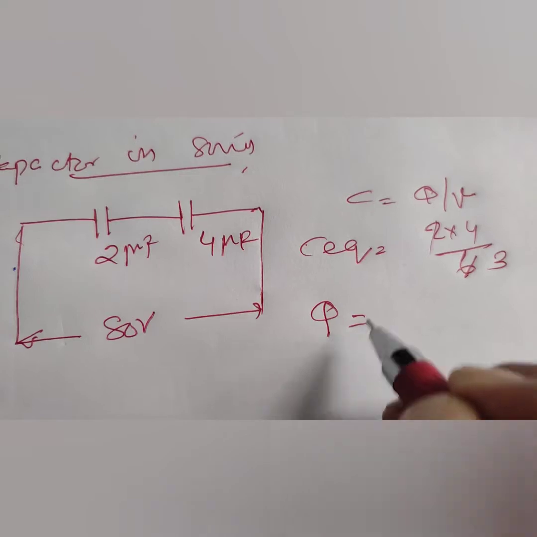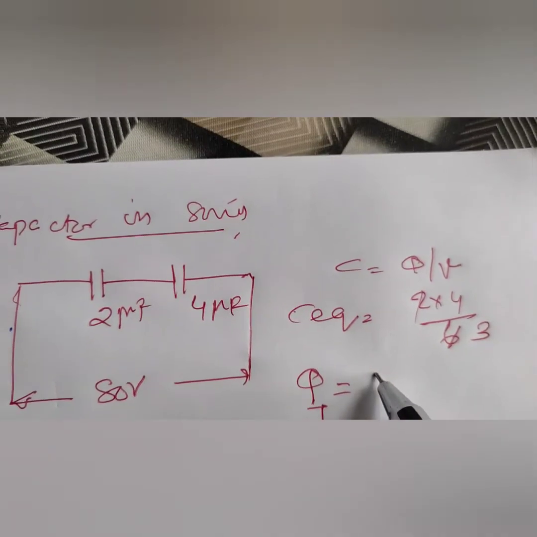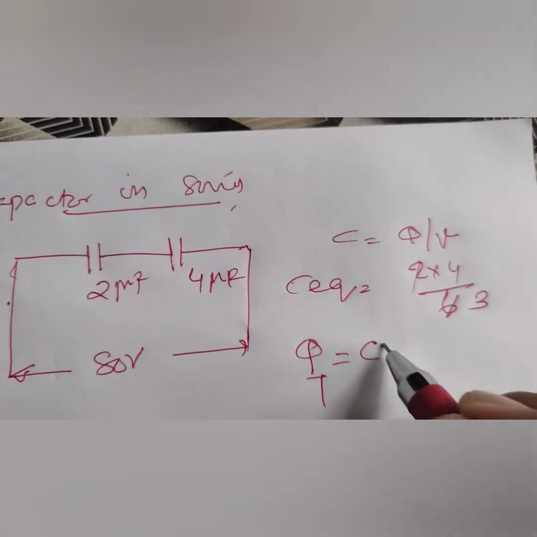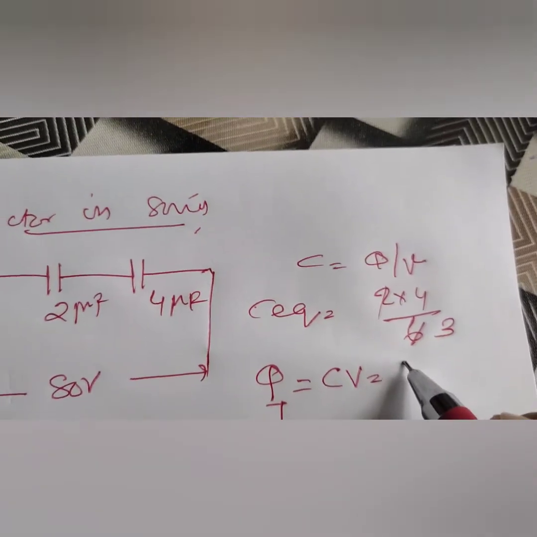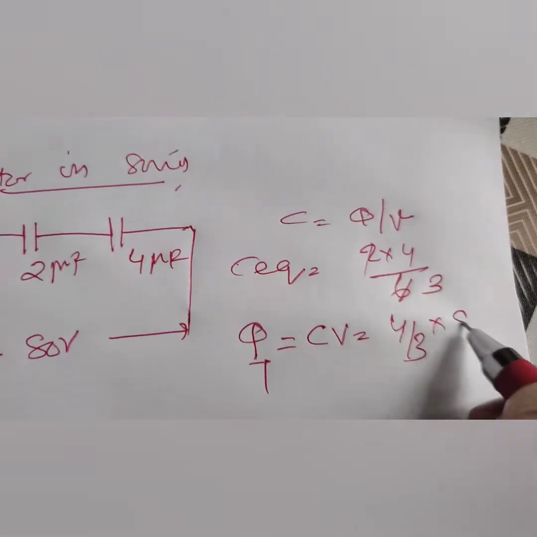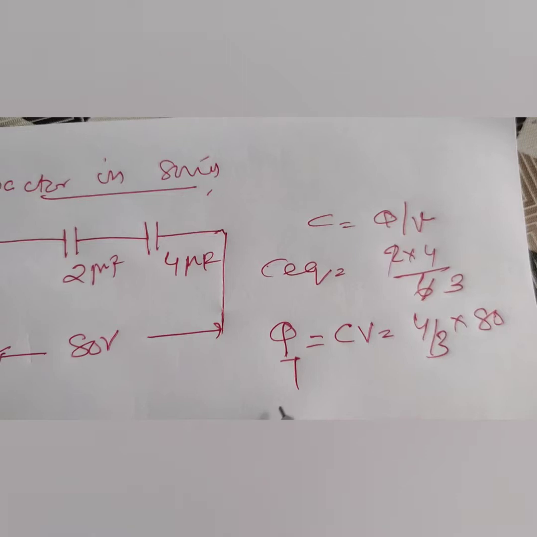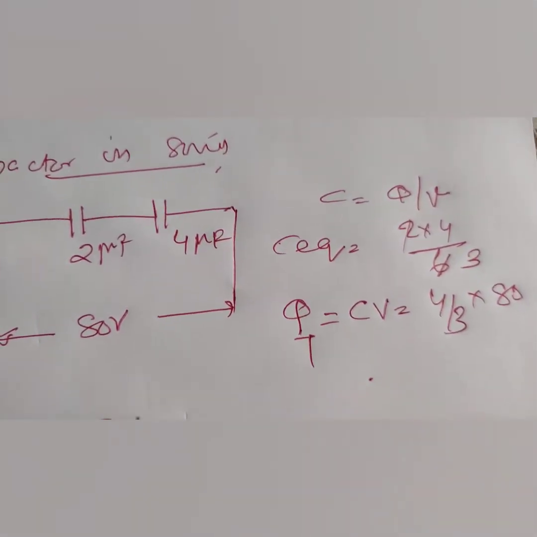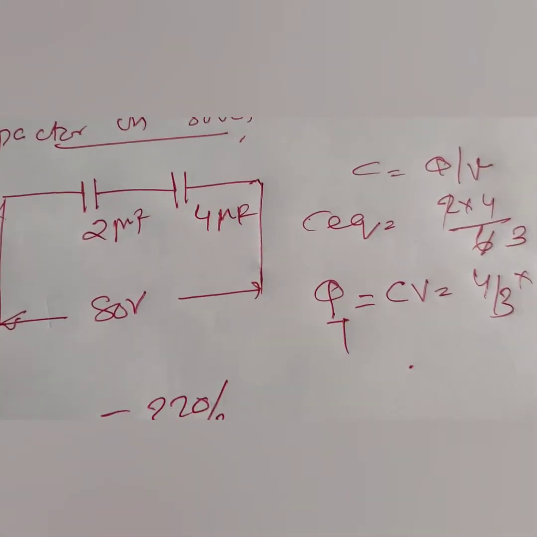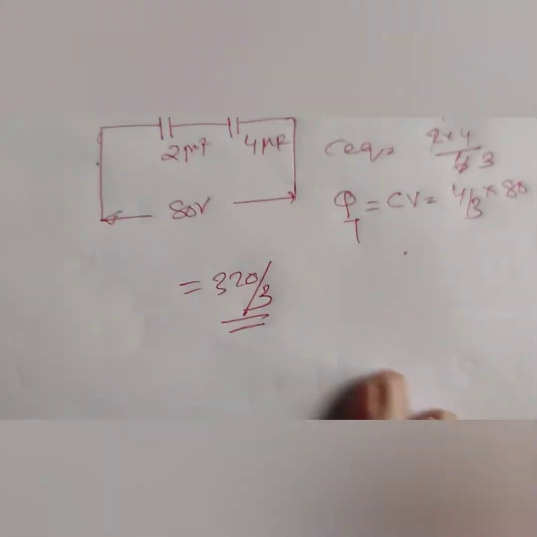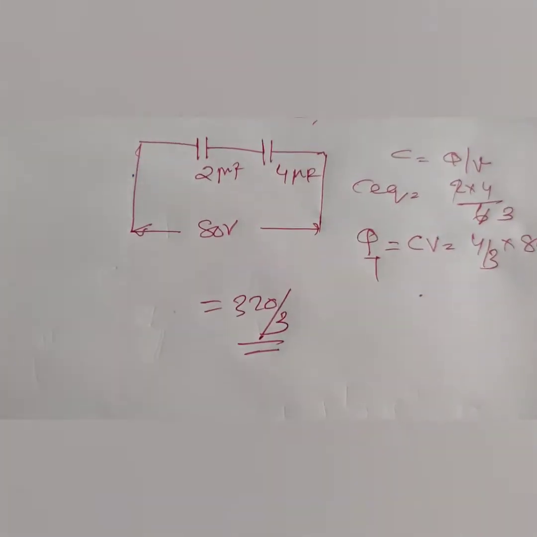So the total charge is CV, equal to 4 by 3 into 80, which is 320 by 3. Total charge is 320 by 3.